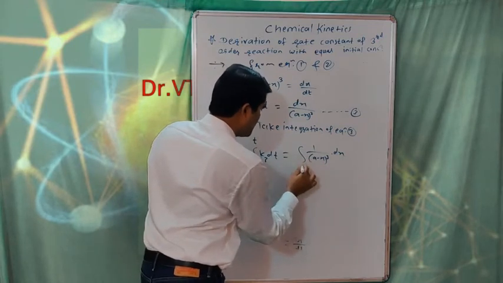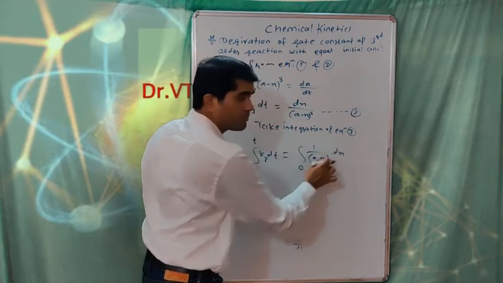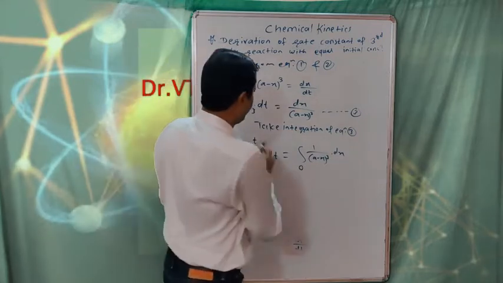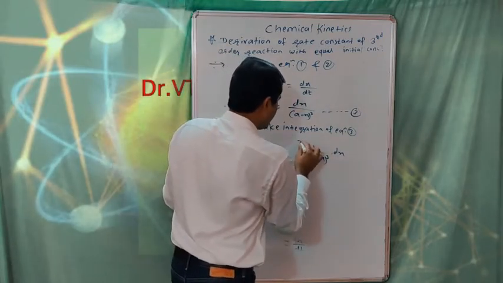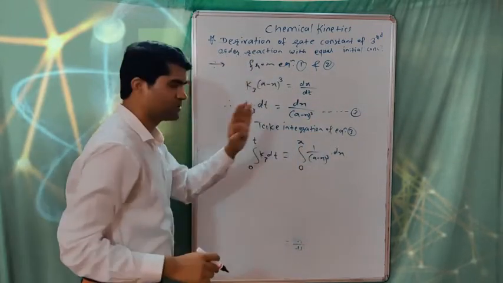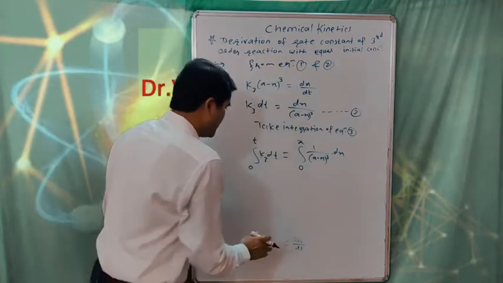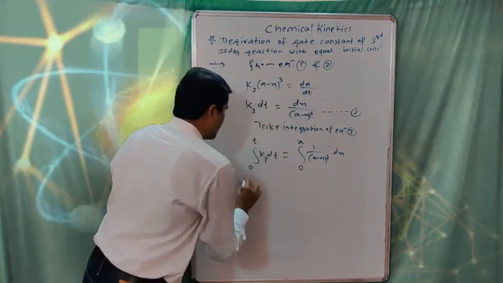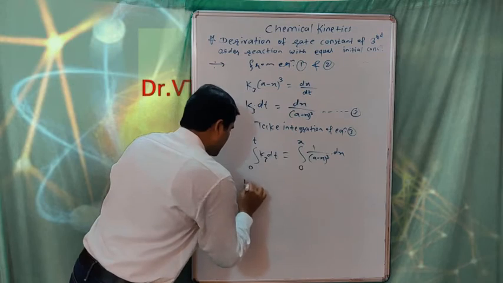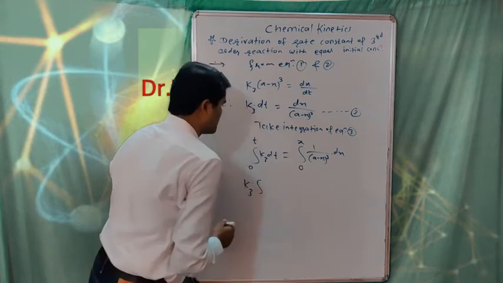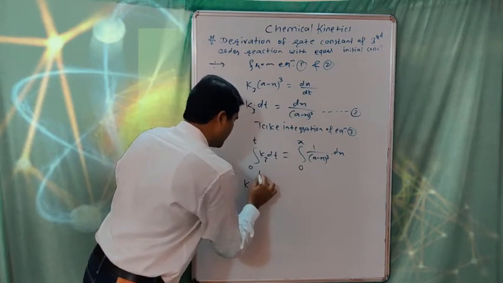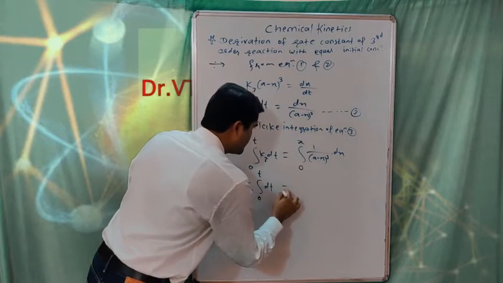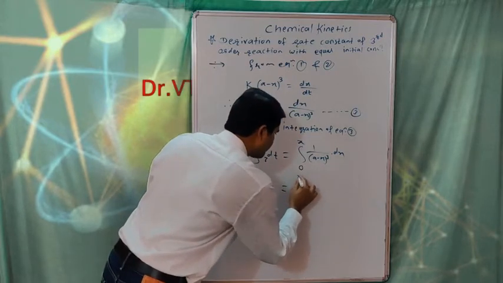When time was 0, product was 0, x is the product. And when time was t, product was x. So we can write this way. K3 is constant, so take k3 outside the integration: 0 to t of dt is equal to 0 to x.